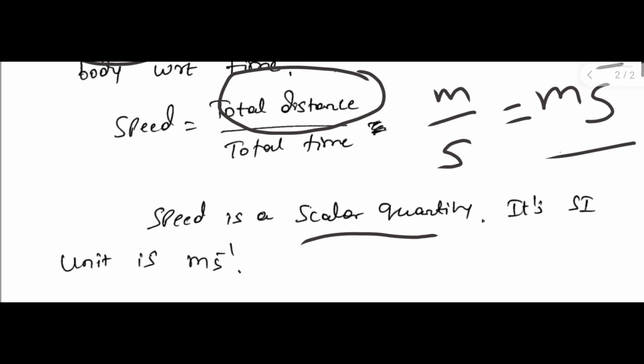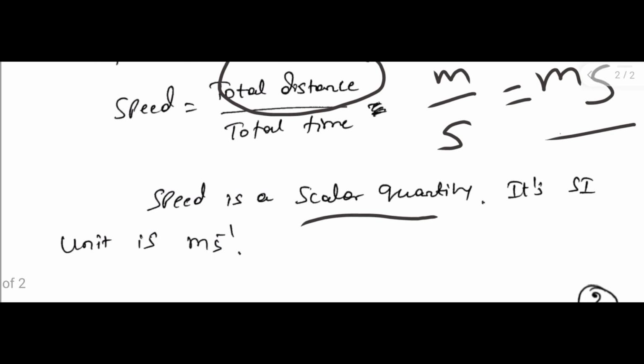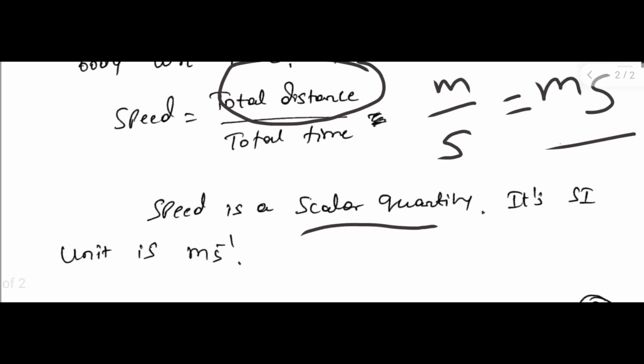Then that magnitude is called the velocity of the bus. Here we are differentiating the quantities speed and velocity. If direction is mentioned for a body or bus, it becomes a vector quantity. Then the magnitude becomes a vector quantity.